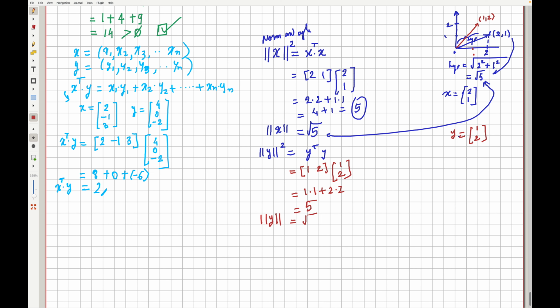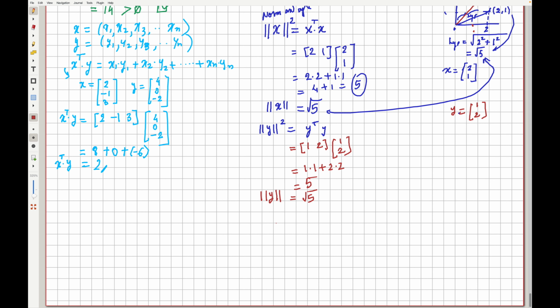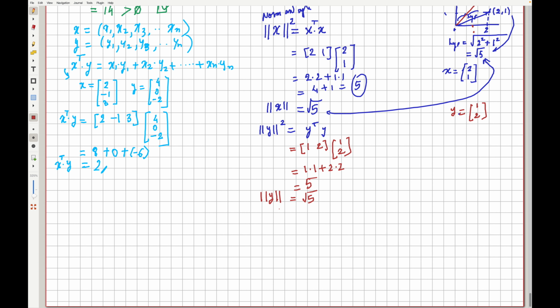If we take the square out, we again have the square root of 5. Now with this, what we can do is calculate the cosine of the angle between these two.